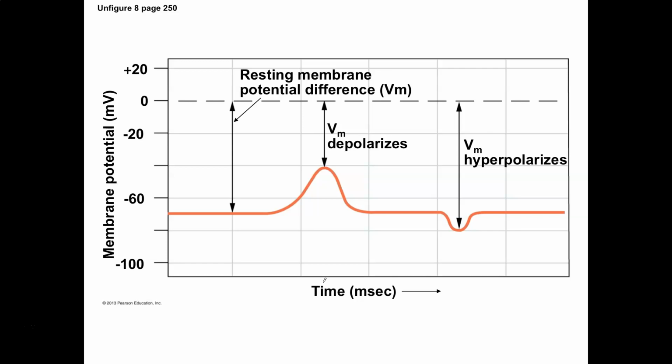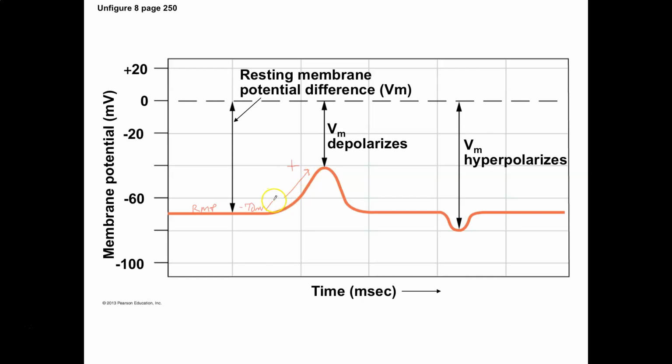When we talk about a depolarizing event, we're talking about an event happening with the cell where it's taking the membrane potential in a more positive direction. On this graph, if this is the resting membrane potential for a particular neuron, negative 70 millivolts, and a depolarizing event is taking place, then the membrane potential is going in a more positive direction.